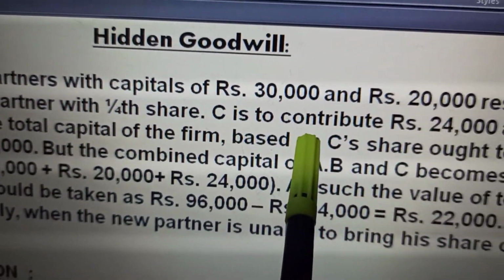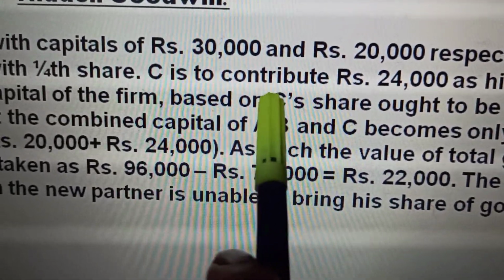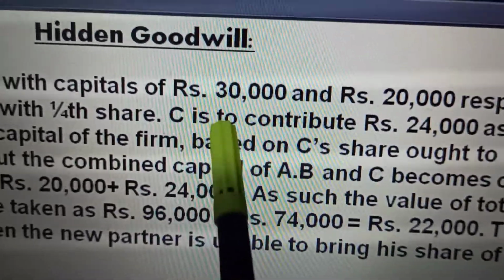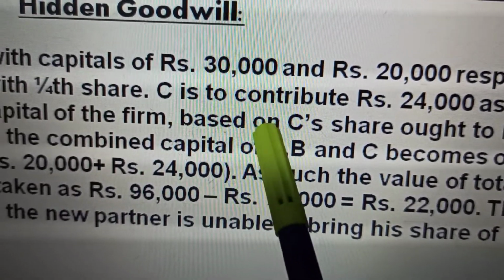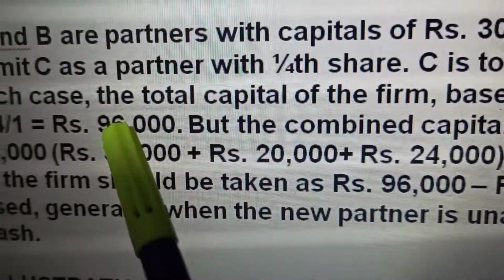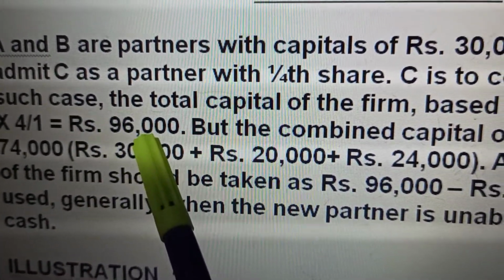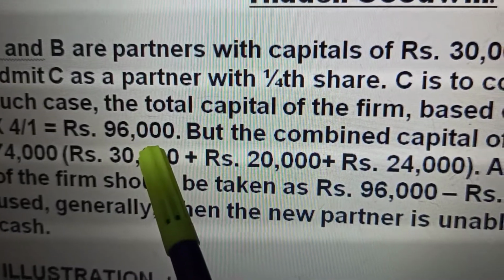C is to contribute rupees 24,000. Now what is the goodwill? That is not told. But we know C is to contribute 24,000 as his capital. In such a case, what do we do? We do not know the value of the firm's goodwill.